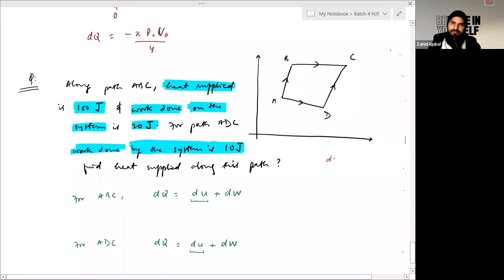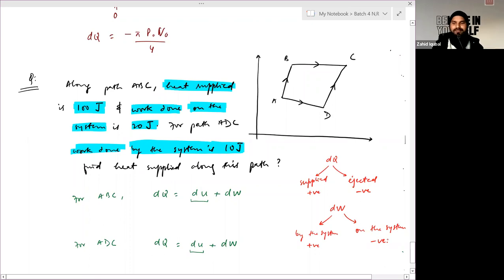Use the sign convention. If dq is supplied to the system, it will be positive. If it is being ejected out, it will be negative. In case of work done by the system, it will be positive. Done on the system, it will be negative. Gautam, check your calculation.